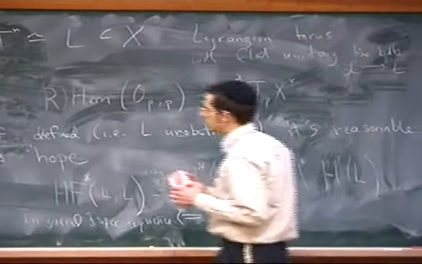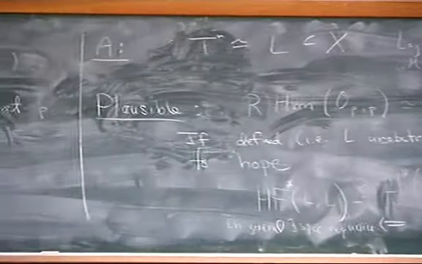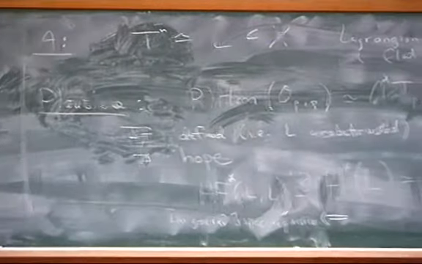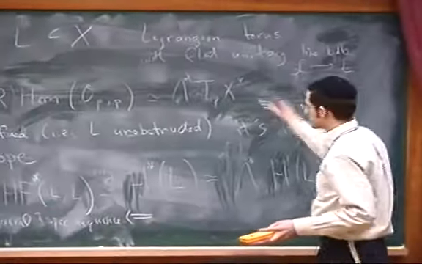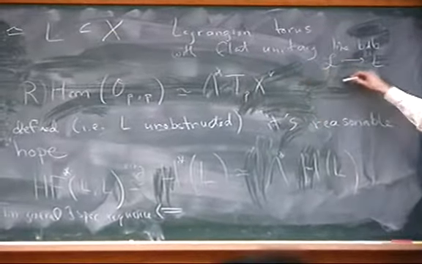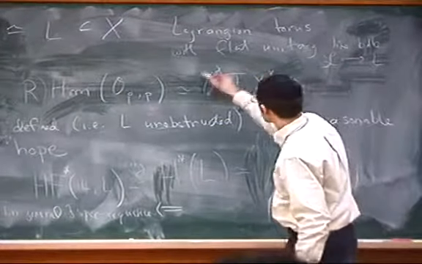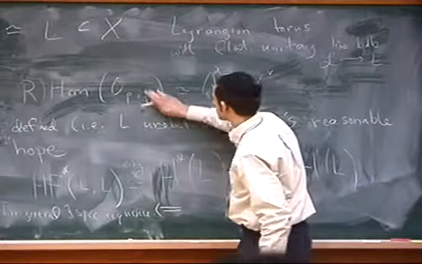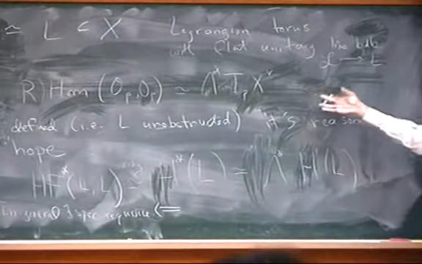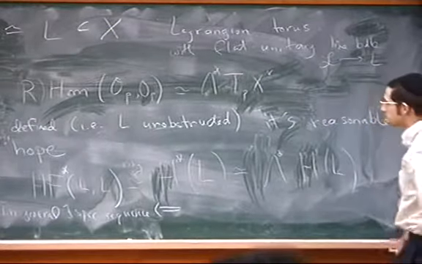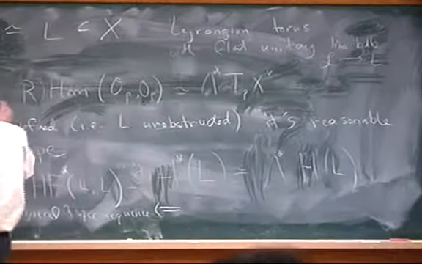That's something one can hope to happen. In this case, these two Homs look very, very similar. In fact, seeing what the Hom of O_P to itself is, you would almost guess that it has to come from a torus because it's just the cohomology of a torus.